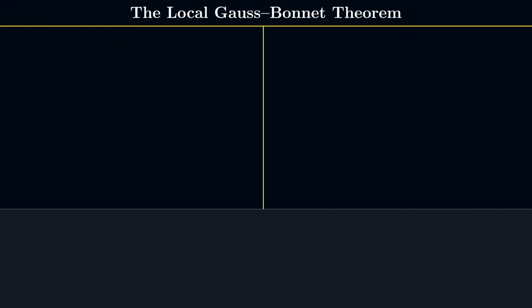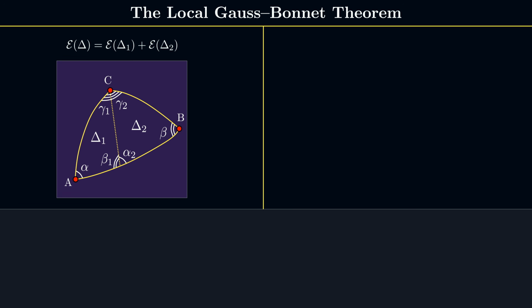Now we are ready to formulate the local Gauss Bonnet theorem. We have shown that the angular excess possesses the property of additivity, that is, the angular excess of a large triangle is equal to the sum of the angular excesses of its parts.